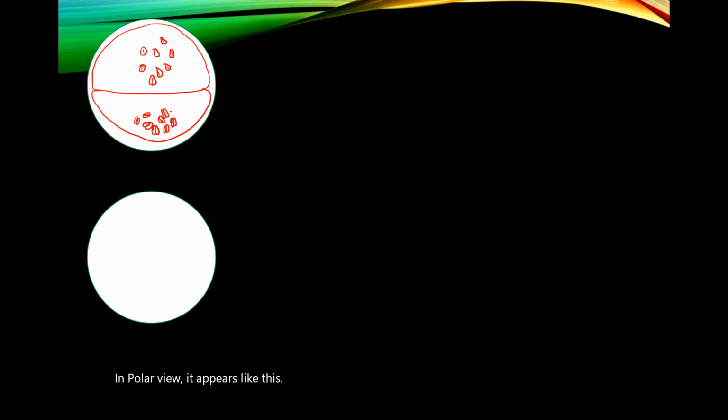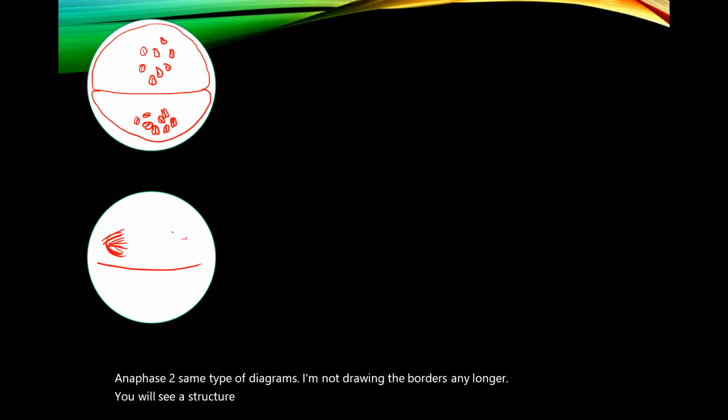Fine. Now, anaphase 2, same type of diagrams. I'm not drawing the borders any longer. You will see a structure like this. Okay, just rough borders I'm drawing so that you just understand.